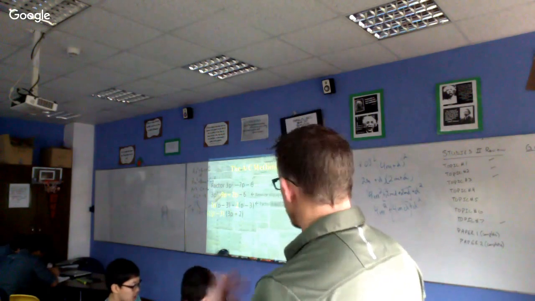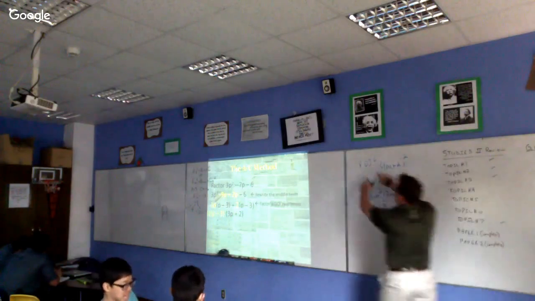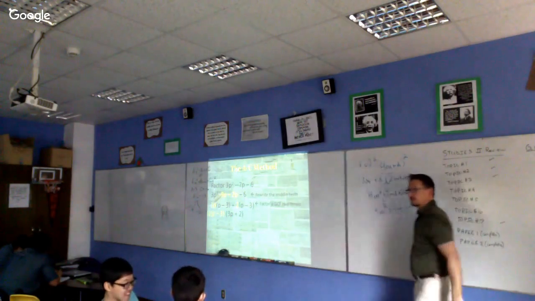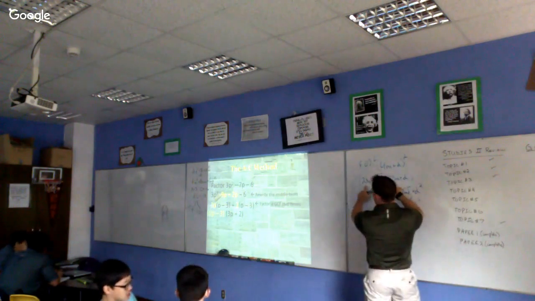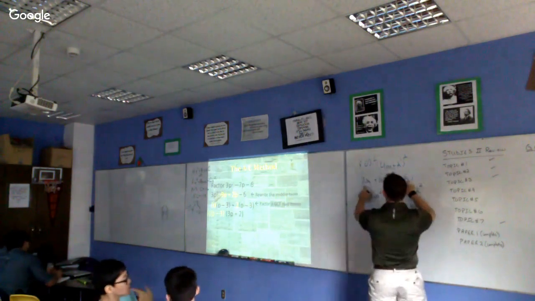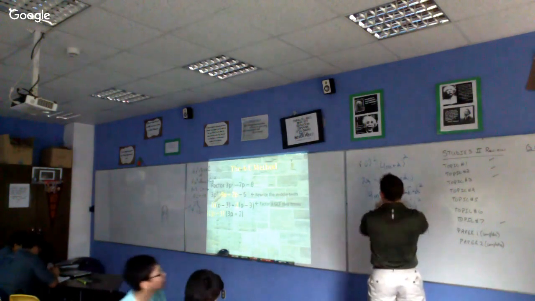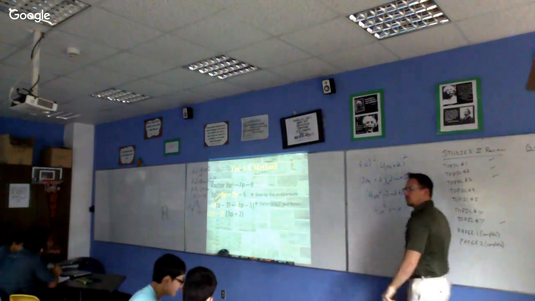Because it's just taking what you've done with your FOIL and going backwards. Where you did first, we are factoring those two things, pulling those two things out. When you did outer and inner, we're taking those 4 terms and creating those 4 terms.